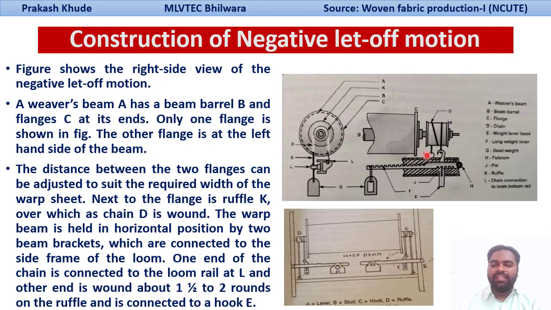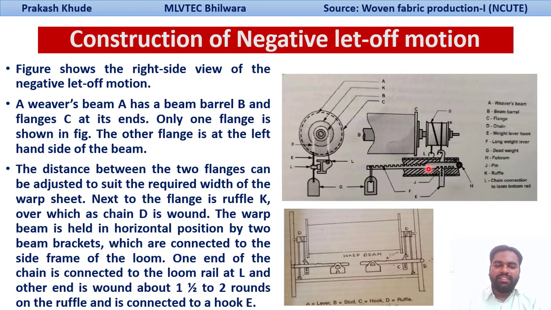The other end of the chain is connected with the hook E, a weight lever hook, which is connected with the long weight lever F with the help of a pin. J is the pin, and this is connected with the lever.